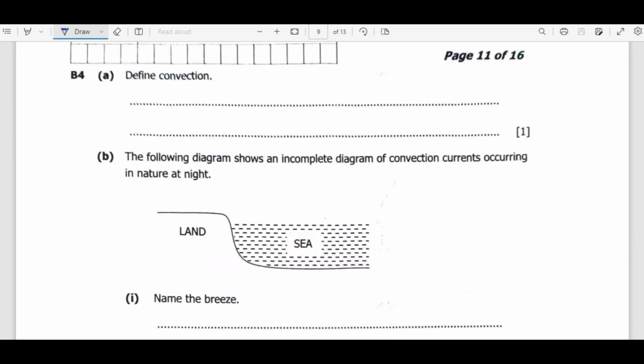Okay, so we have a question to define convection. Convection is the transfer of heat in liquids and gases.